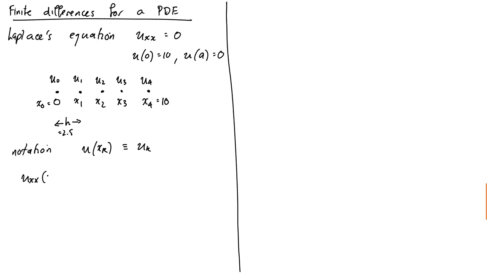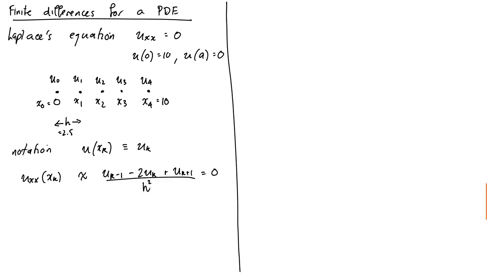So uxx at xk is approximately equal to, using central differences, uk minus 1 minus 2 uk plus uk plus 1, all divided by h squared. Okay, and we know from the Laplace's equation that must be equal to 0.